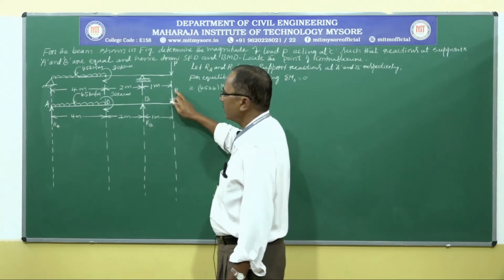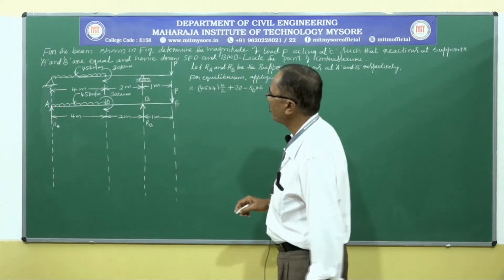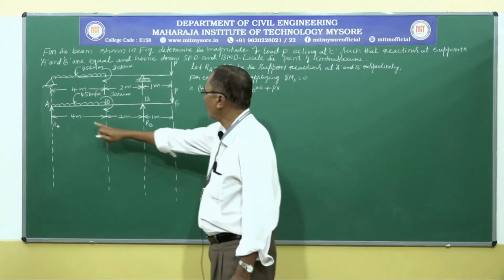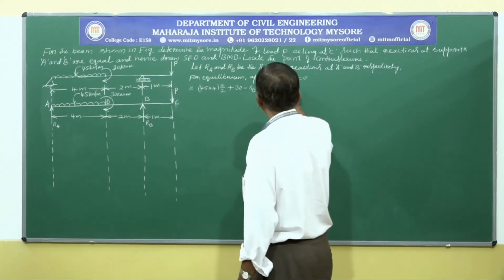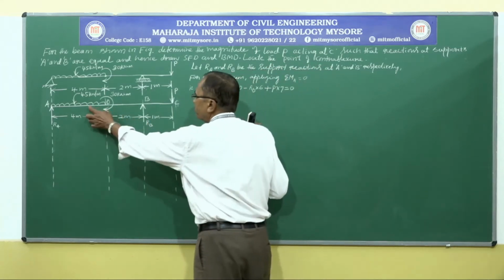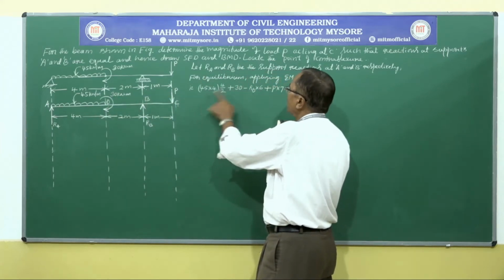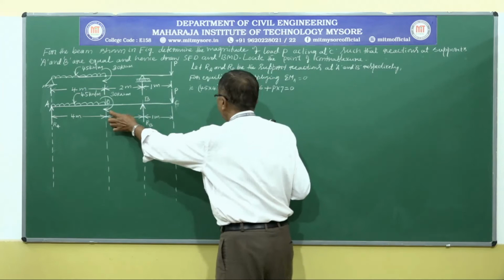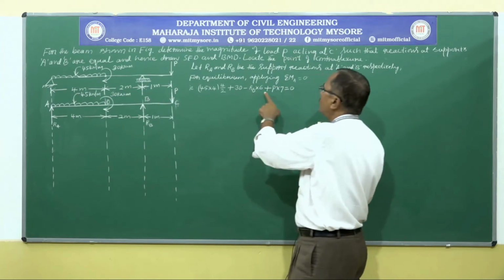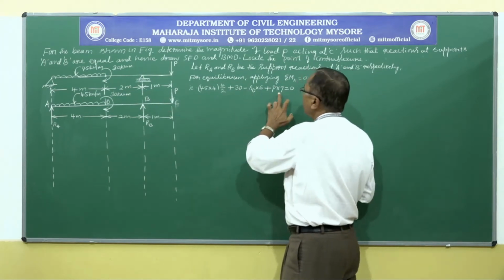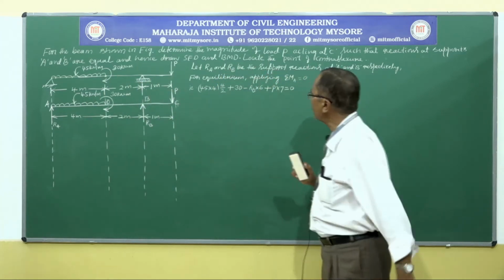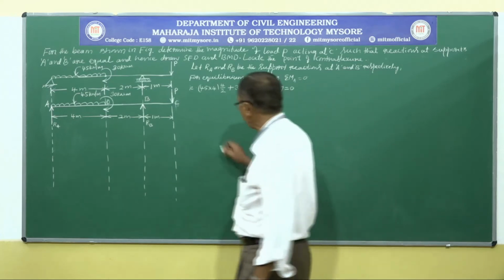And lastly, this unknown P is creating clockwise moment about point A, positive, plus P into 4 plus 2, 6, plus 1, 7, that is equal to 0. Here we have considered moment due to UDL, then this moment as it is along with their sign convention positive, RB creating anti-clockwise moment, negative, minus RB into 6 about point A. Lastly, this P creating a clockwise moment about point A, P into perpendicular distance 7 meter, that is equal to 0.